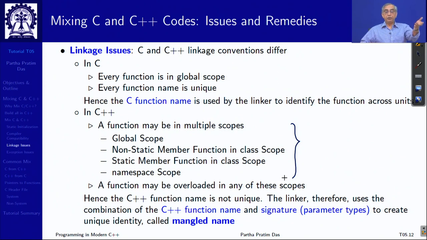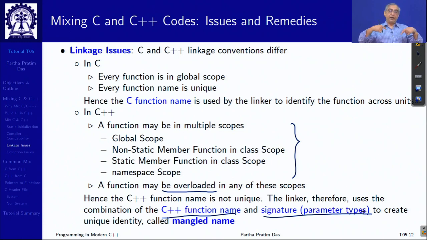It can be in the global scope, it could be a non-static member function in the class scope, it could be a static member function in the class scope, it could be in the namespace scope, a function may be overloaded, and so on and so forth. So, the name is just an indicator of the function, and there are several other factors which decide exactly which function it is. Besides the name, it includes the complete signature.